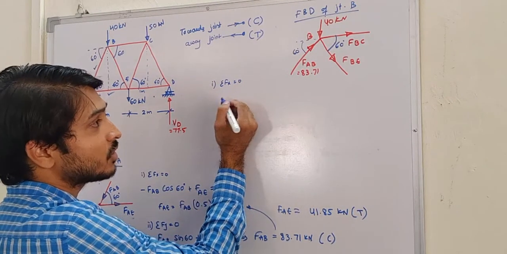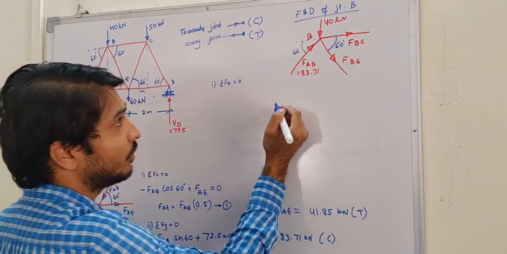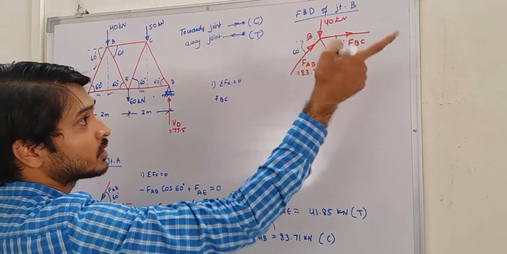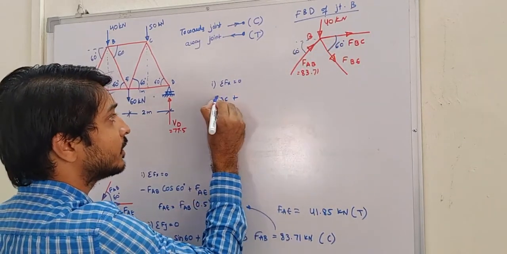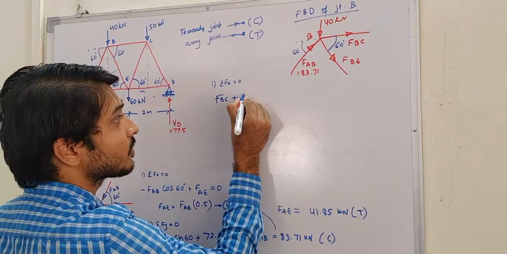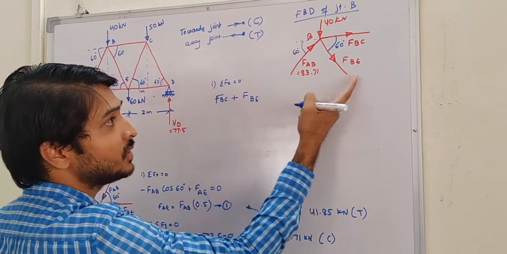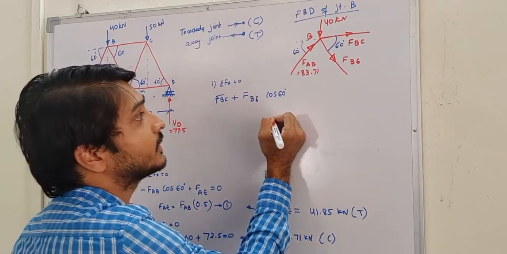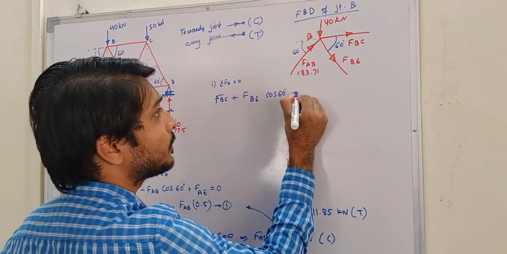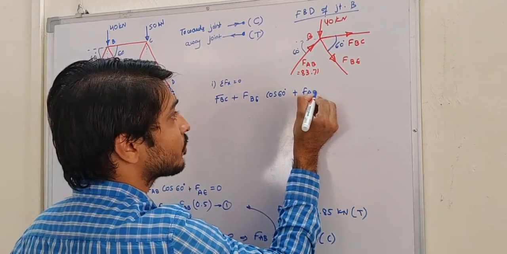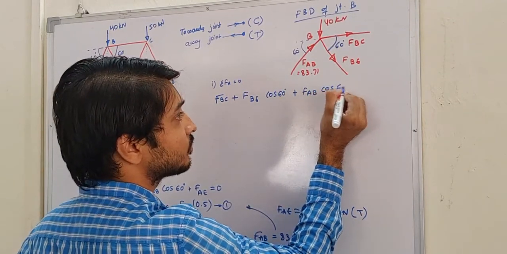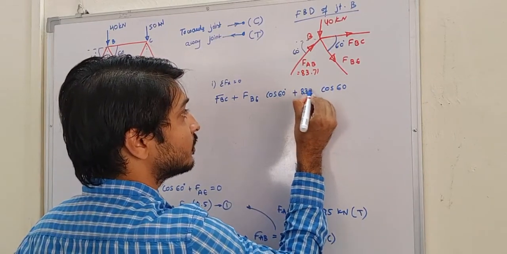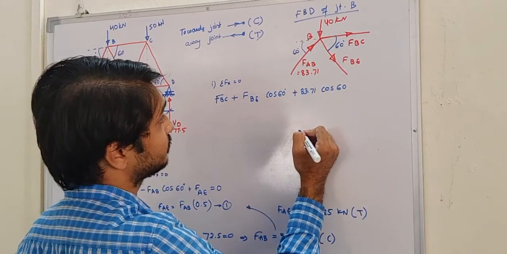So now summation of horizontal forces. We'll write FBC, this is horizontal towards the positive side direction, plus FBE cos 60, and next plus FAB cos 60. But we know FAB is 83.71.